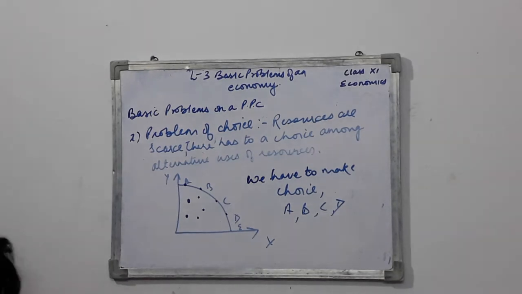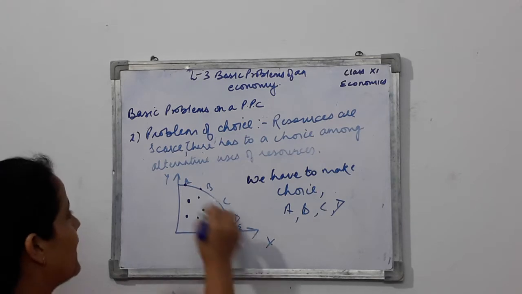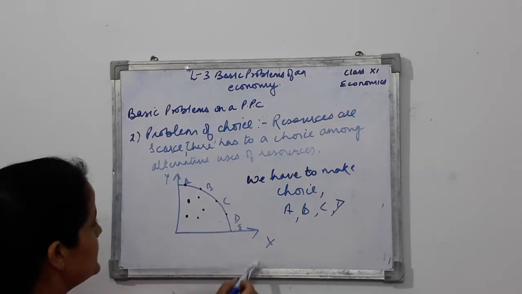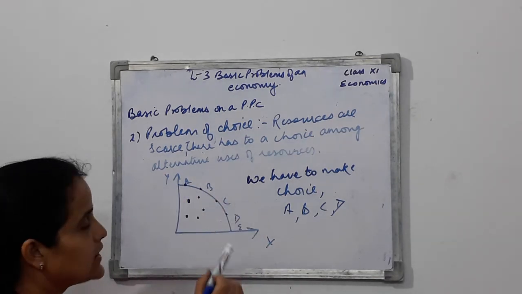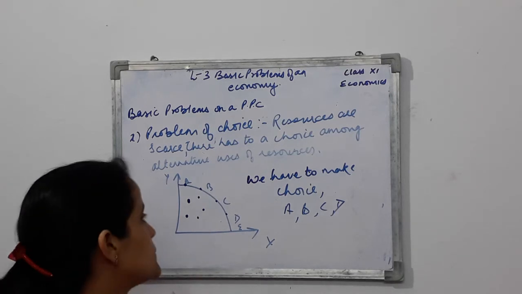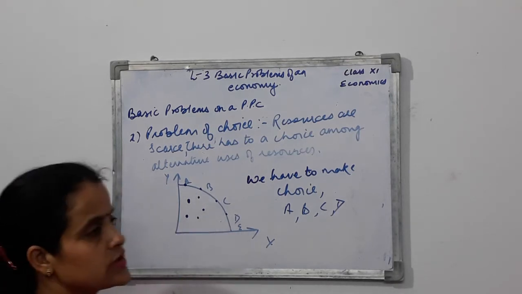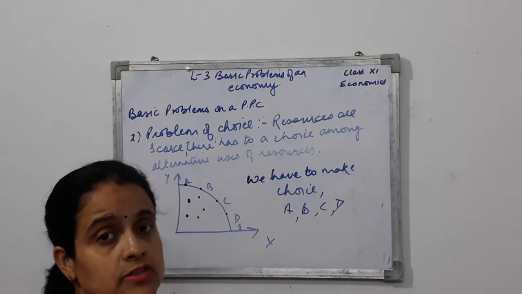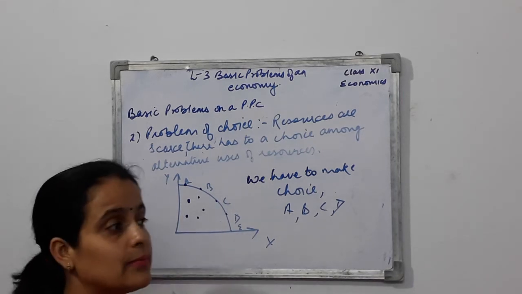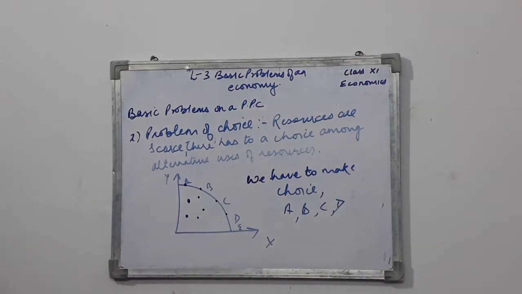So this is a very, very important problem which can be shown on a PPC. You can check the diagram again: there is a PPC and different combinations A, B, C, D, E. Among these combinations, the choice has to be made by the producer. He has to see which combination he has to adopt. He has to sacrifice the production of one commodity in order to gain the production of another commodity.